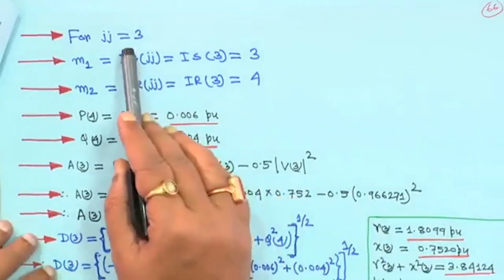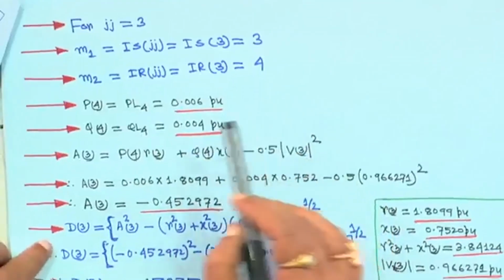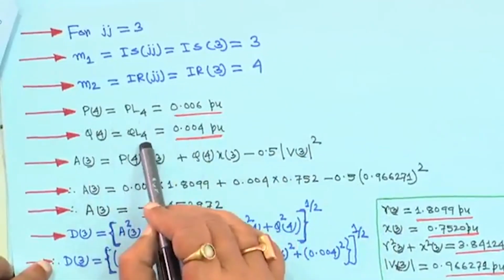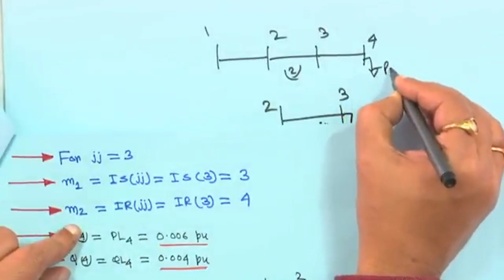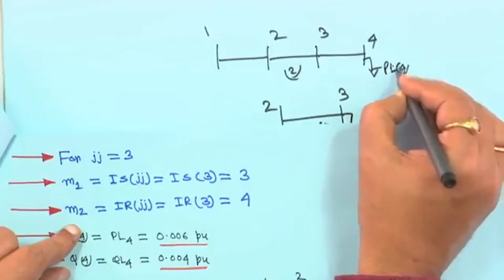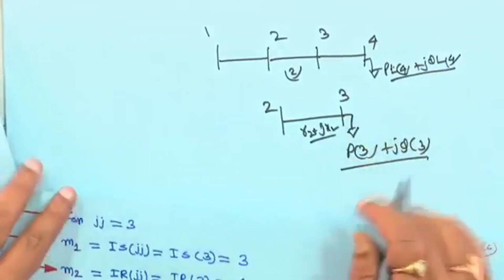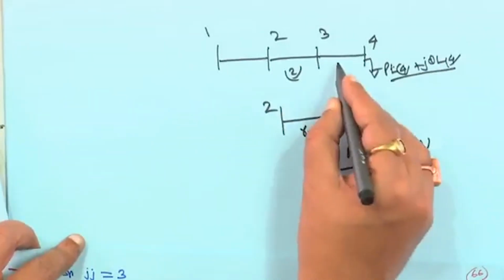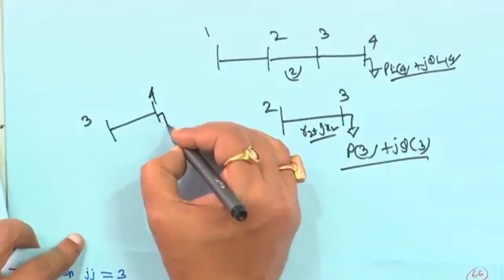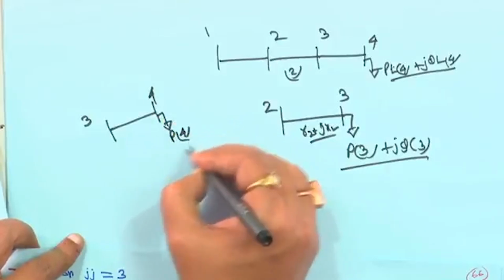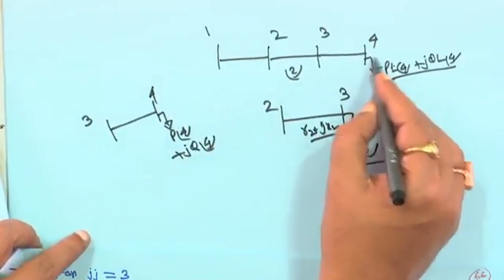Similarly, for branch 3, when j is equal to 3, the sending end node will be 3 and the receiving end node m2 will be 4. At that time P 4 will be P L 4 and Q 4 will be Q L 4, because at node 4 this is your load, P L 4 plus j Q L 4. If you take the electrical equivalent of this branch, suppose this is your branch 3 and this is your branch 4, here you have a load P 4 plus j Q 4, but it is the last node, so beyond that there are no other branches.